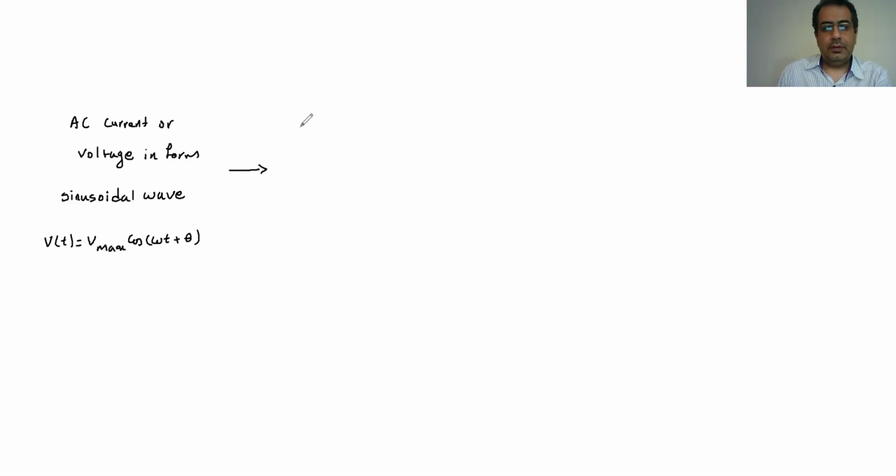So we are going to transform current, or for example voltage, to phasor, such as this one, it becomes V equals Vmax with angle of theta.